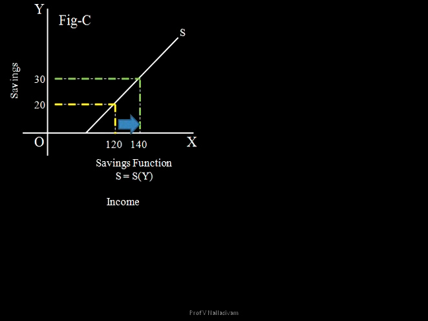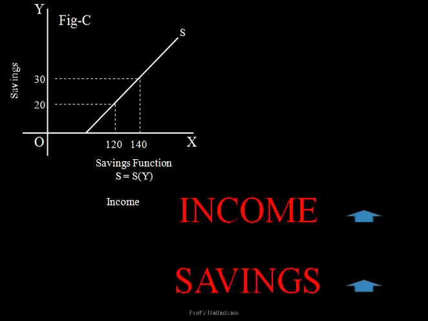As the income increases from 120 rupees to 140 rupees, the community increases its savings from 20 rupees to 30 rupees. Income and savings are positively related.